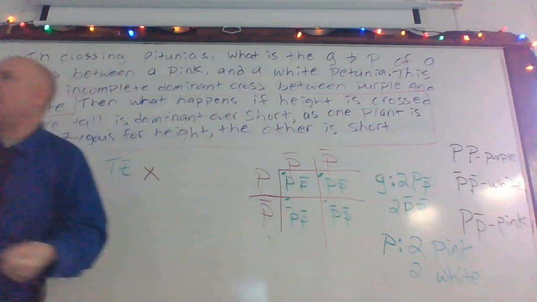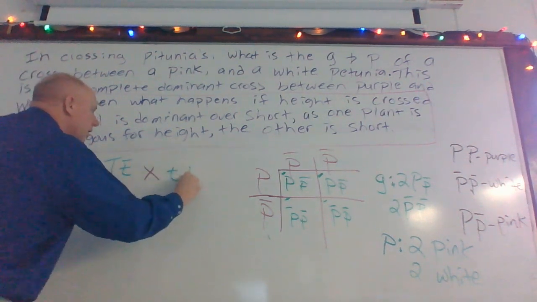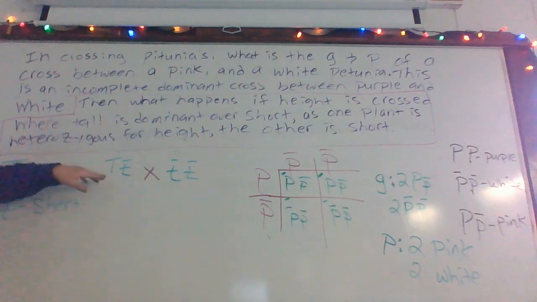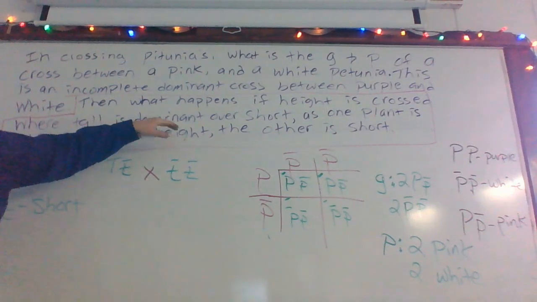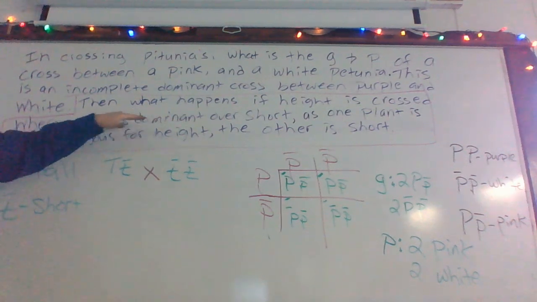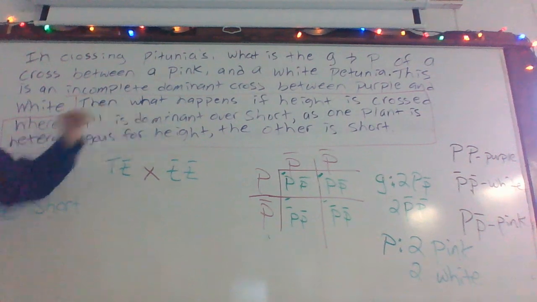The genetic makeup for that, according to our key here, is what? The two alleles are what? Is there any capital letters in there? No, because if that trait is present, it's going to be tall, because tall is dominant over short. It doesn't say codominance. It doesn't say incomplete dominance. It just says this is a dominant trait.